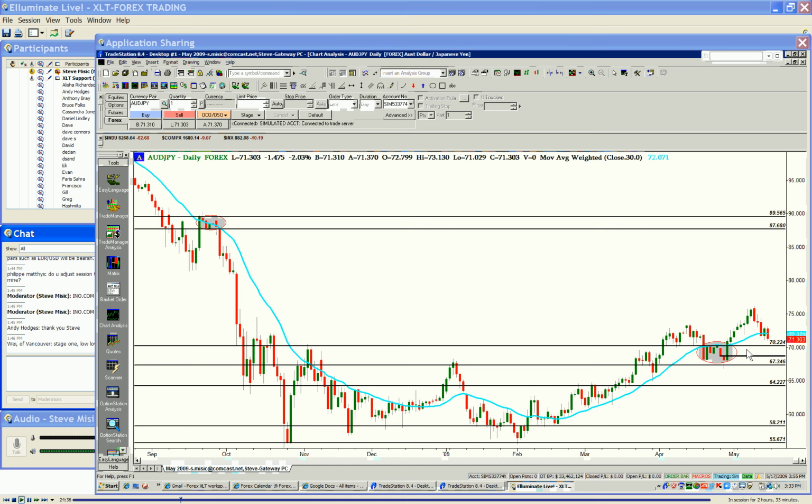And we kind of identified a demand level below current price, a funny looking one, a real big one, drop base rally here. The origin of that move is the line in the middle of the chart. So looks like we're going to come down and test this area. We have our resistance area above here, but now the bad news is we now have a little bit of a supply level right above current price here too.